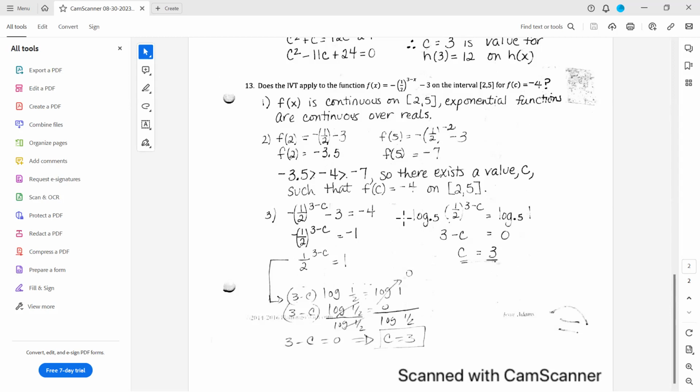Log 5. 3 minus c. Okay, wait a second. Let me stare at it for a minute. Log 0.5. Oh.